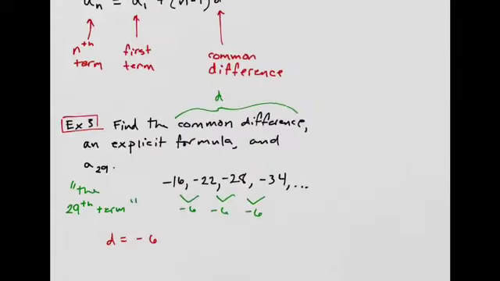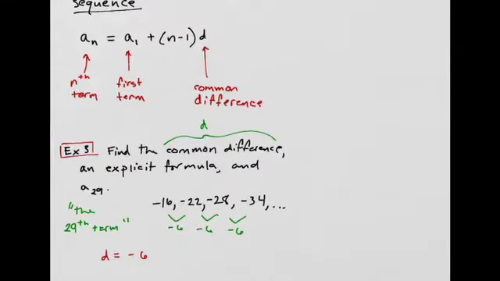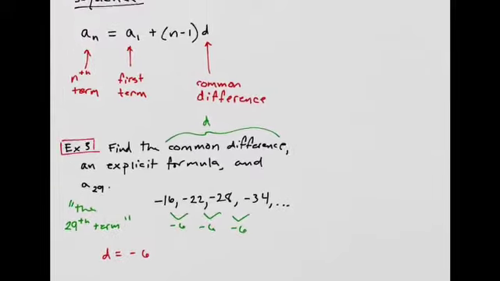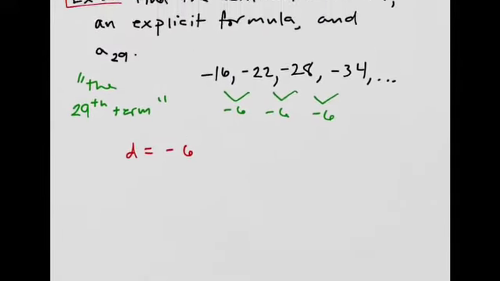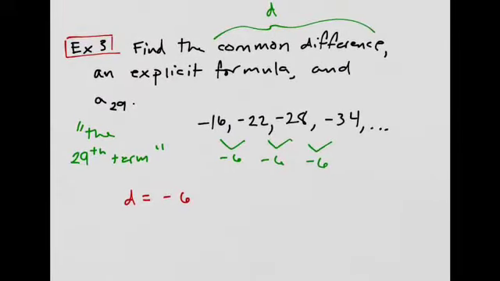When we use the formula, we'll be multiplying, but that's not determining the pattern. So try not to get that confused. When we use the formula, we will be multiplying, but here, because we're subtracting 6 every time, it's an arithmetic sequence. So d equals negative 6.